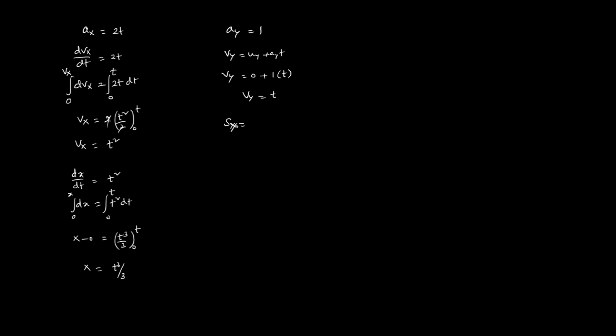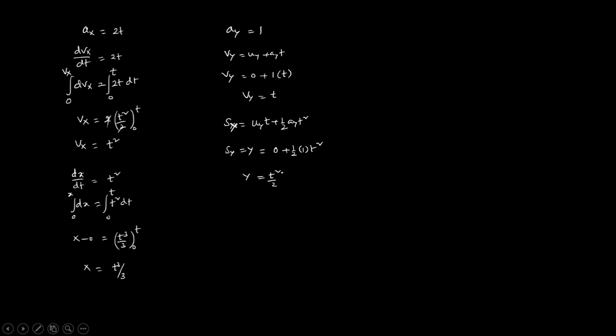Now sy is equal to uy t plus half ay t square. The displacement along y is nothing but the y coordinate because it starts from the origin, so whatever the displacement along y is, that will be the y coordinate. You can write y minus 0 also. So uy is 0 plus half into ay into t square, so the y coordinate is t square by 2.